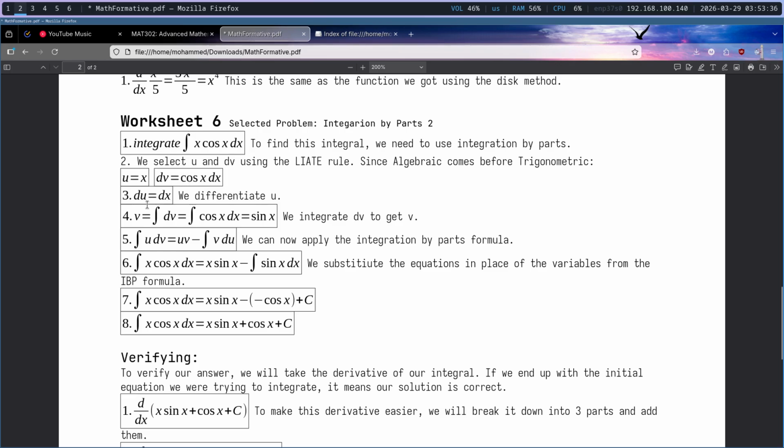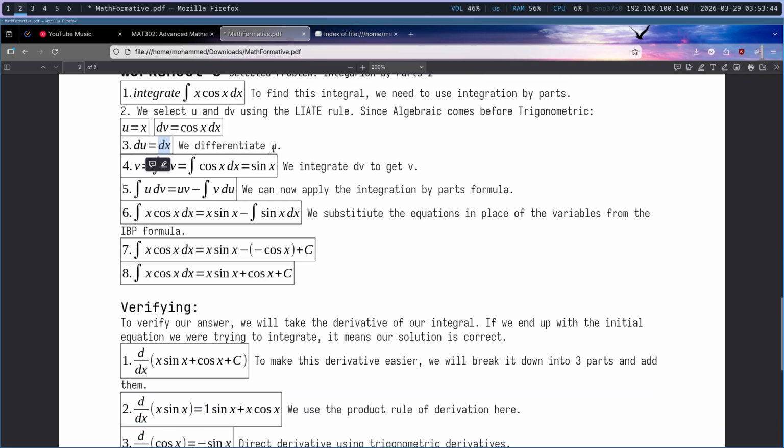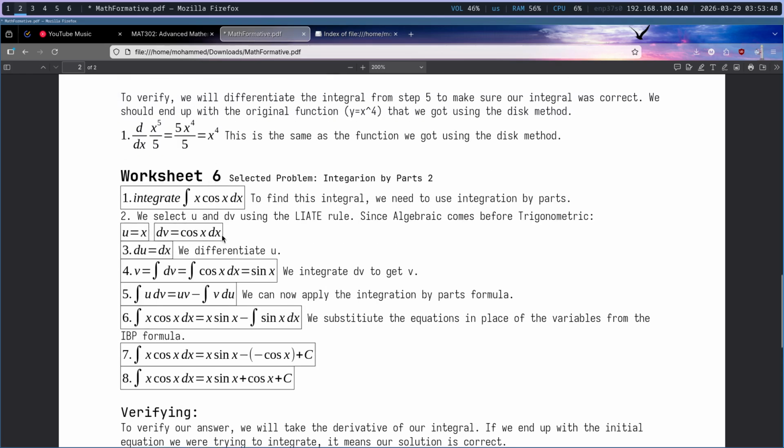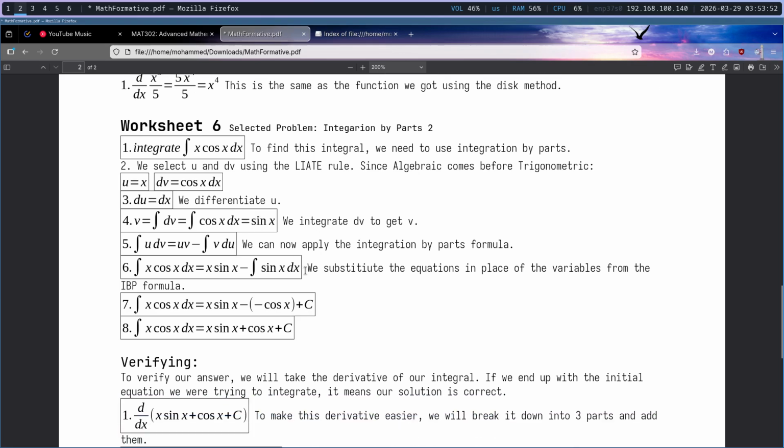Now we find the derivative of u, which is just dx, because x becomes 1 when differentiated, and we also find v by integrating dv. If we integrate cosine of x, we just get sine of x.